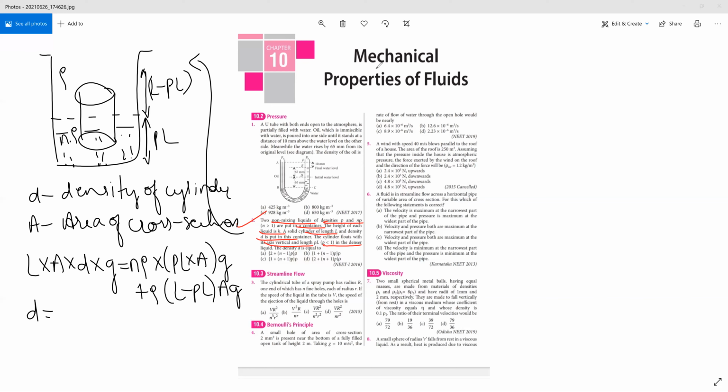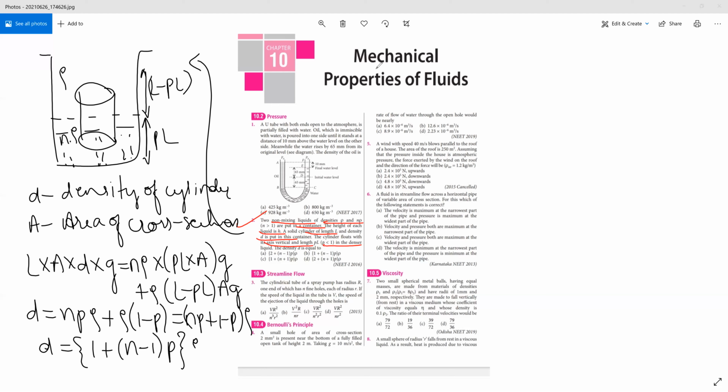Therefore D is equal to n into P into rho plus rho, taken outside, 1 minus P, that is equal to nP plus 1 minus P into rho. So after simplification, we can write this as 1 plus in the bracket n minus 1 into P into rho. So therefore, for the second one, this is the right answer.